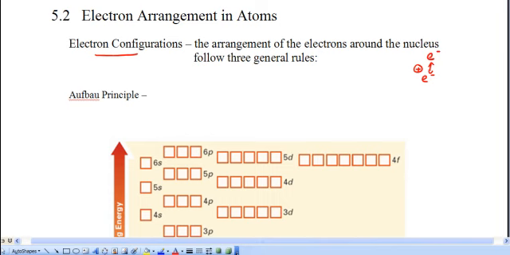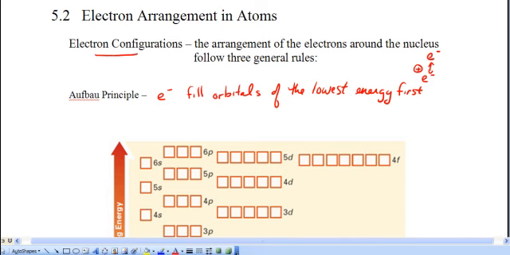The electrons follow three general rules. First of all, they have what's called the Aufbau principle. The Aufbau principle simply says that electrons fill orbitals of the lowest energy first.